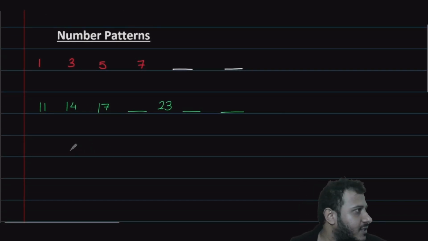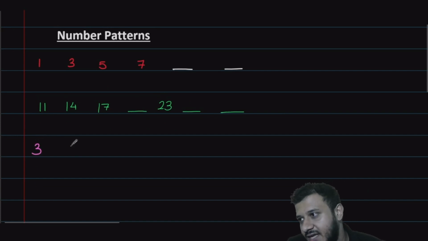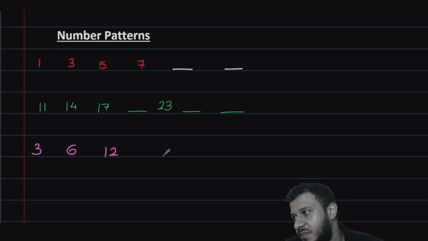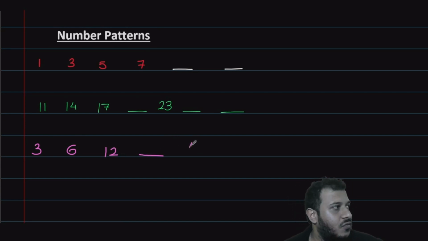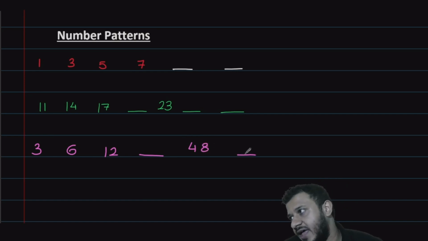Then the next one is 3, 6, 12, blank, 48, blank.